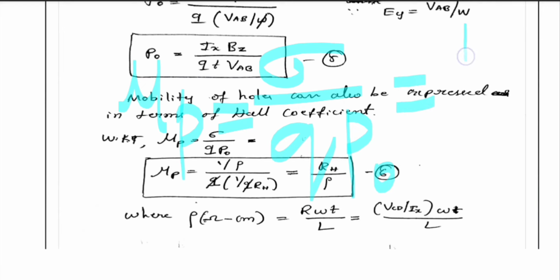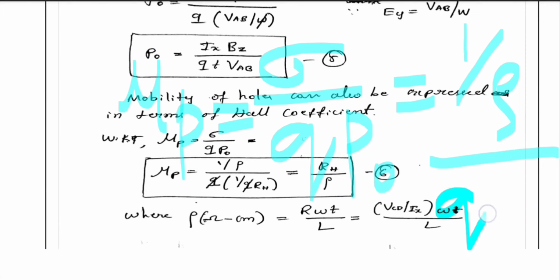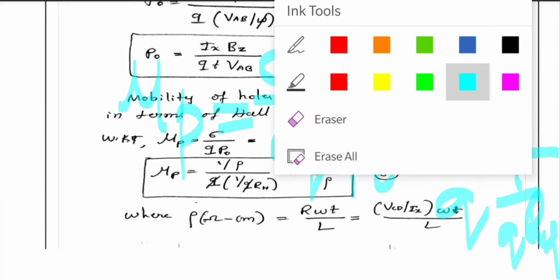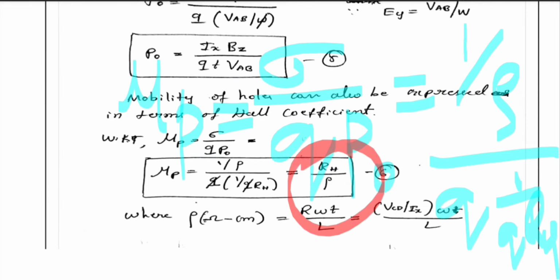What is conductivity? Conductivity is nothing but 1 by resistivity, 1 by rho. So sigma is equal to 1 by rho. What is p0? In terms of Hall coefficient, we can write p0 as 1 by q RH. So q and q will get cancelled. What remains is RH by rho.